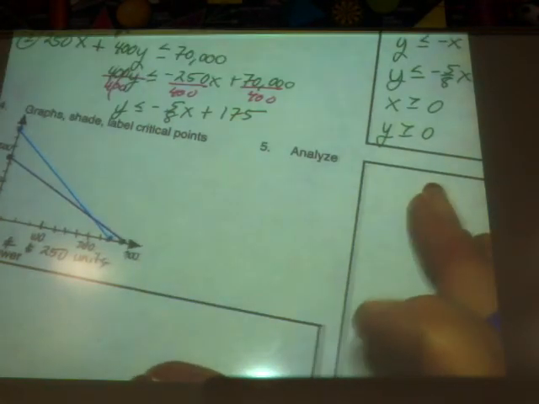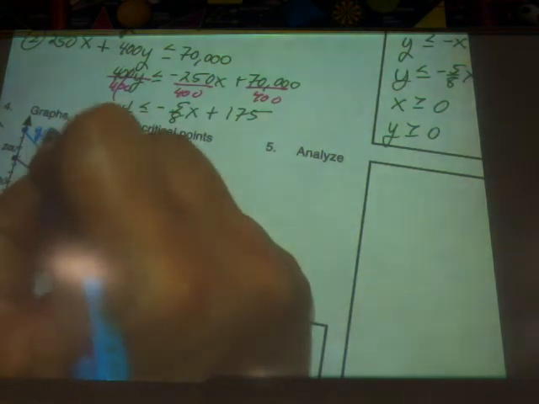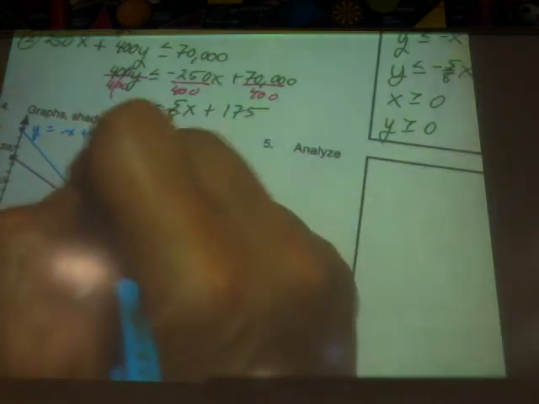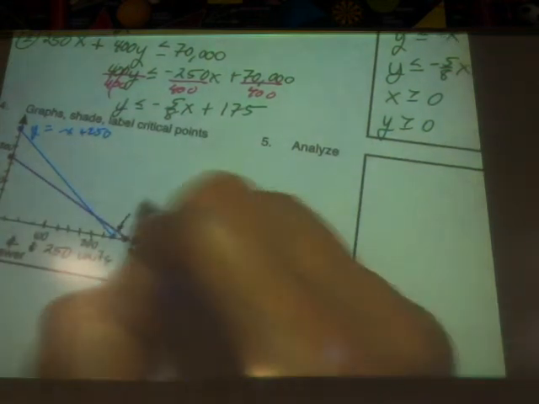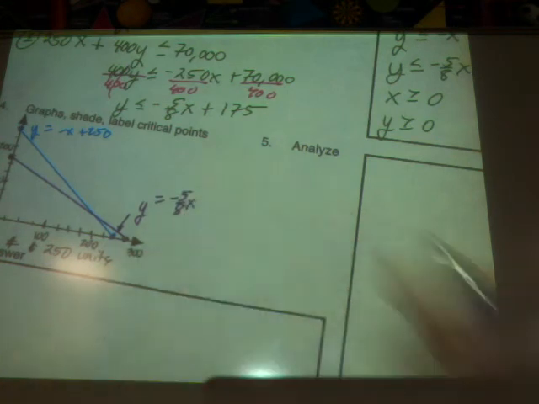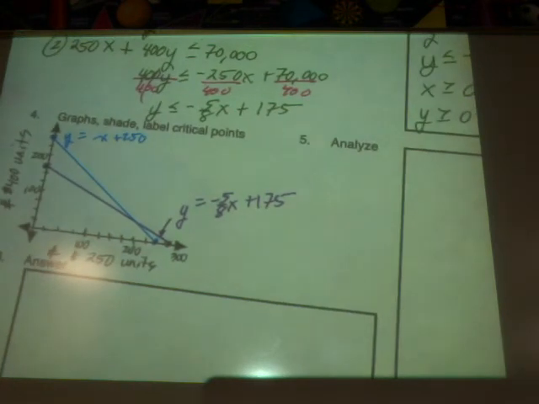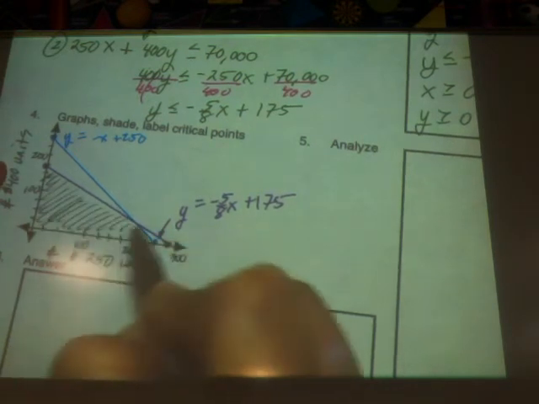So we want to label these lines. So this line here is my first constraint, y equals negative x plus 250. And this line here is y equals negative 5/8 x plus 175. And then all of this shaded region is what they have in common.